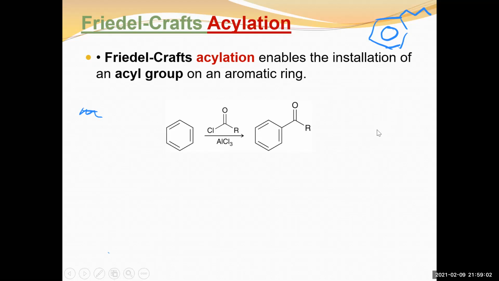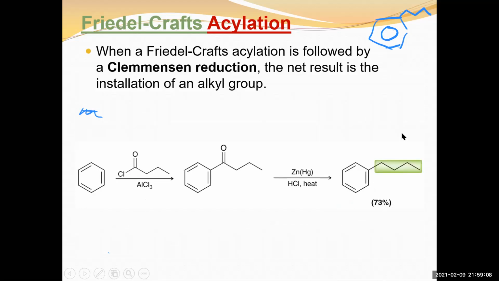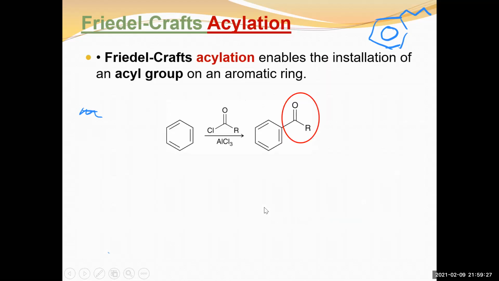So followed by a whole second reaction step. Just want to show you the end result there. See here where you can end up with the benzene ring and have this attached where you can get the straight chain that's not branched, but you'll have to do what's called an acylation followed by a reduction. So let's see how the acylation works.